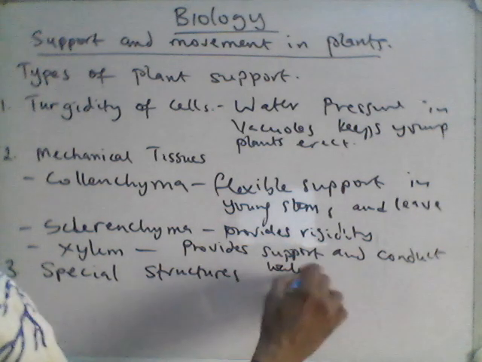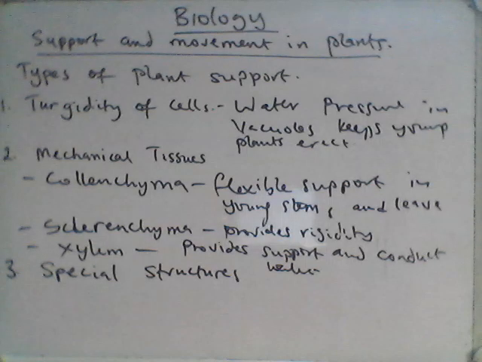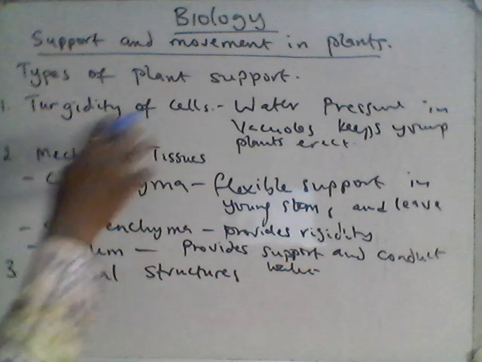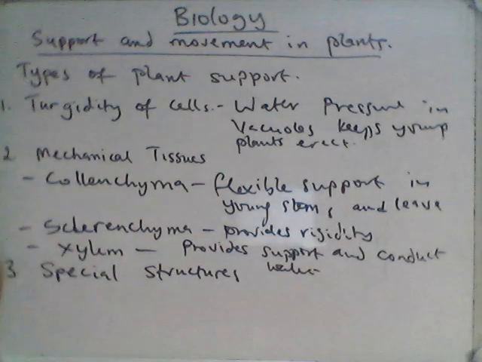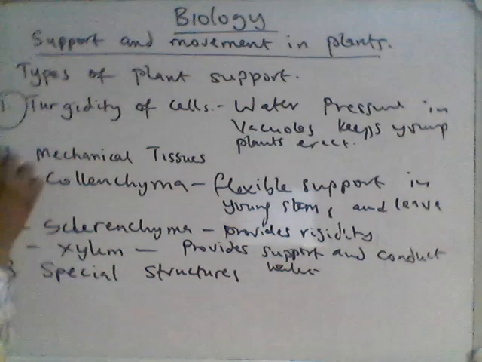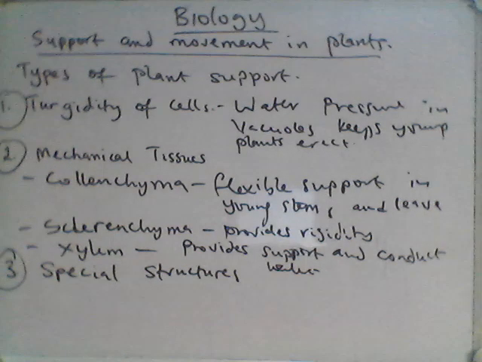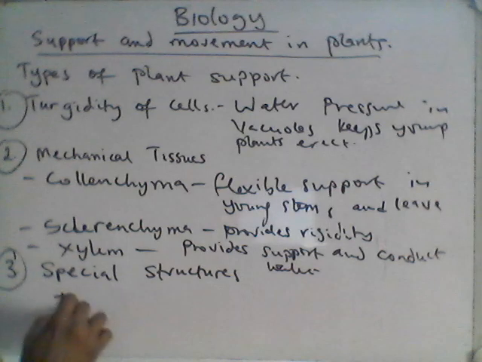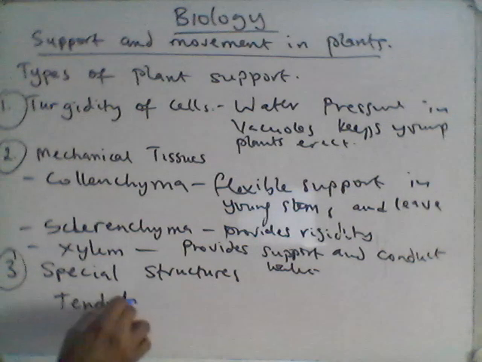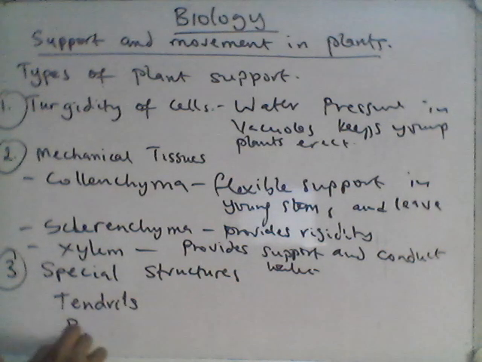Okay, so finally, under the types of plant support, because we've talked about rigidity, mechanical tissues, and now special structures. For the special structures, we're looking at tendrils and roots.